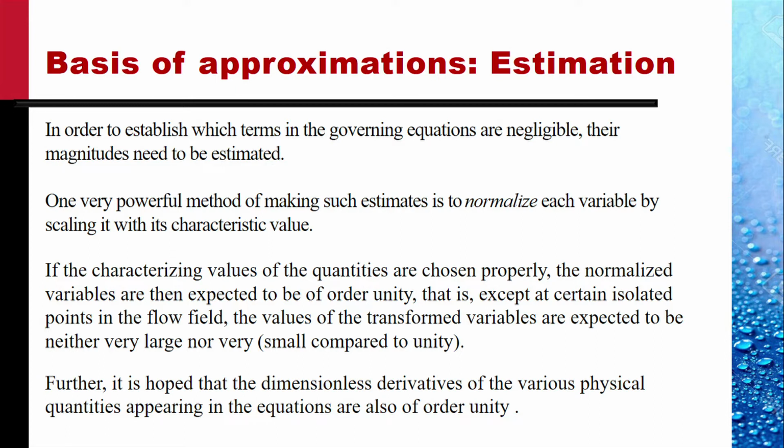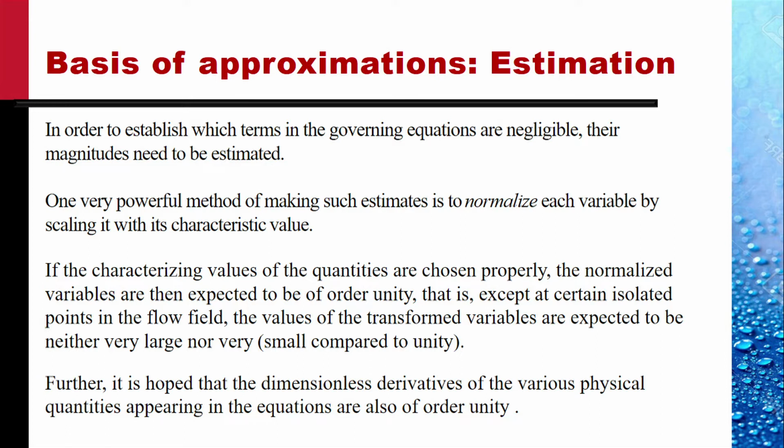Further, it is hoped that the dimensionless derivatives of the various physical quantities appearing in the equations are also of order 1. And we saw that in well-behaved functions this is possible, but sometimes this breaks down and the approximations or the estimates obtained are erroneous.